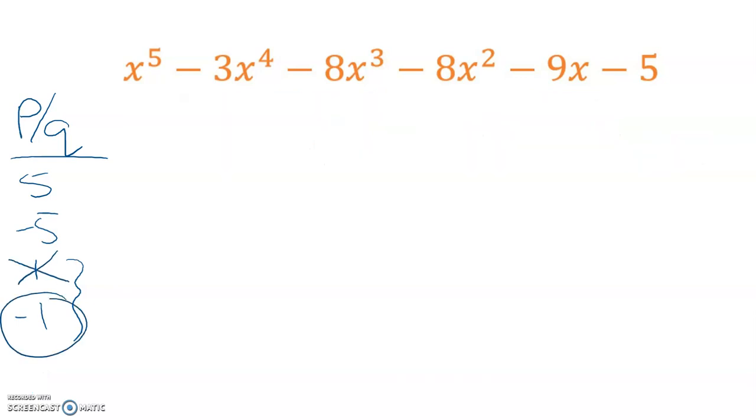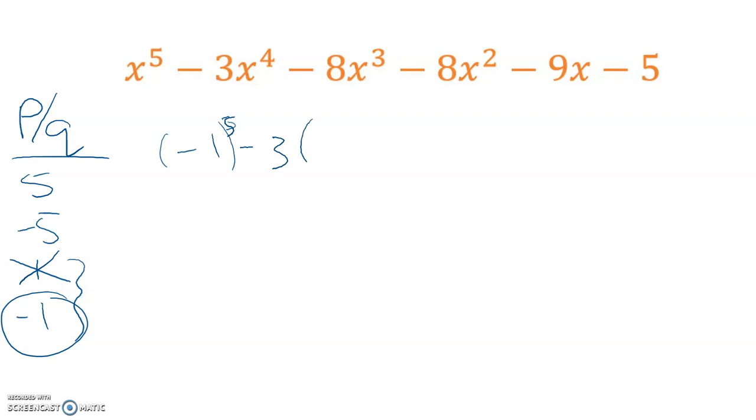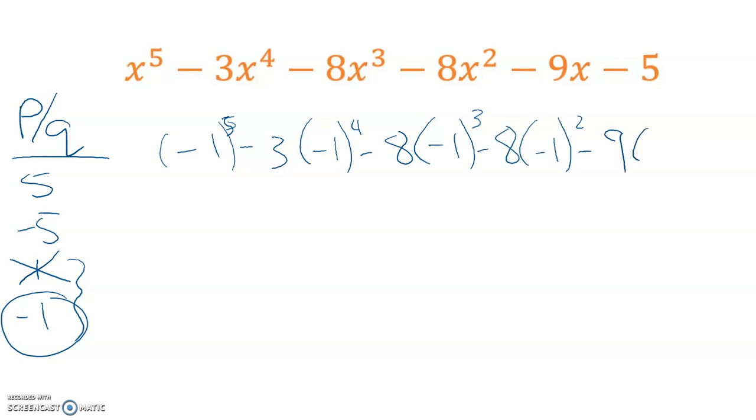Let's now try -1. So that's -1 to the power of 5 minus 3 times -1 to the power of 4 minus 8 times -1 to the power of 3 minus 8 times -1 squared minus 9 times -1 minus 5.